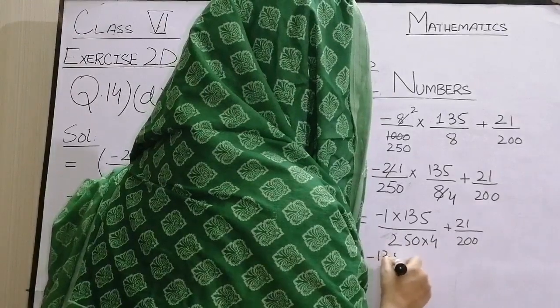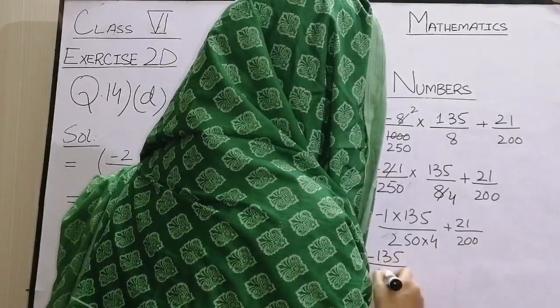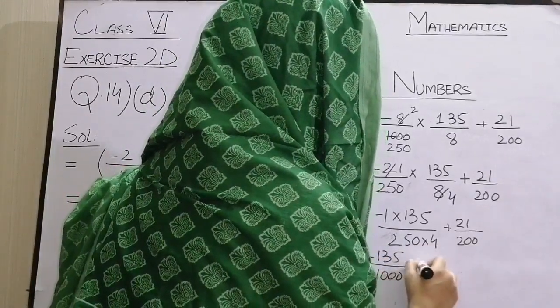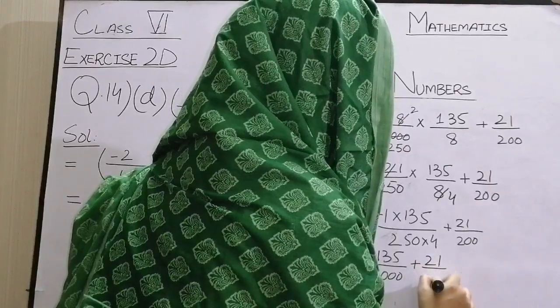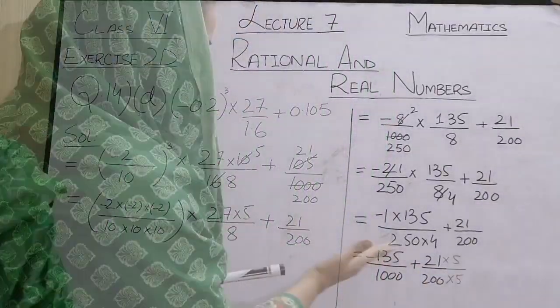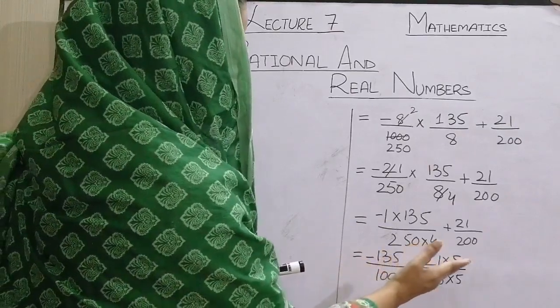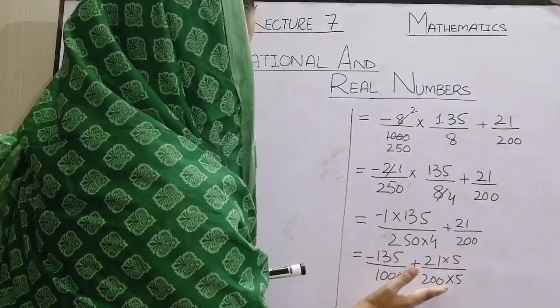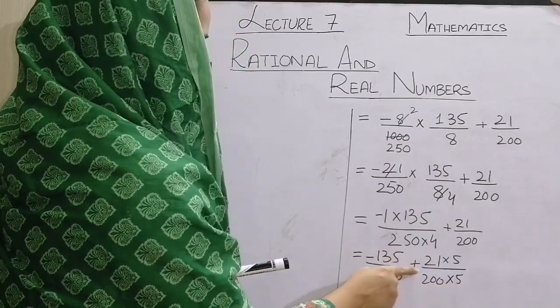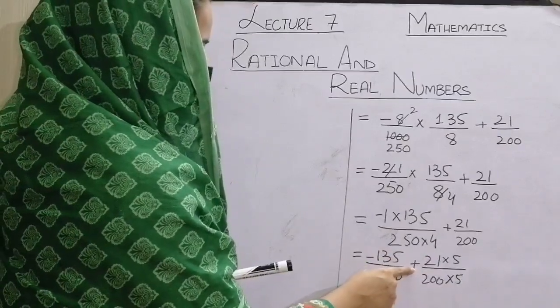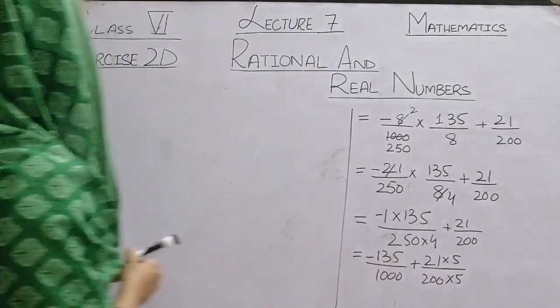Minus 135 over 1000. We have left with minus 135 over 1000 plus 21 into 5 over 200 multiplied by 5.